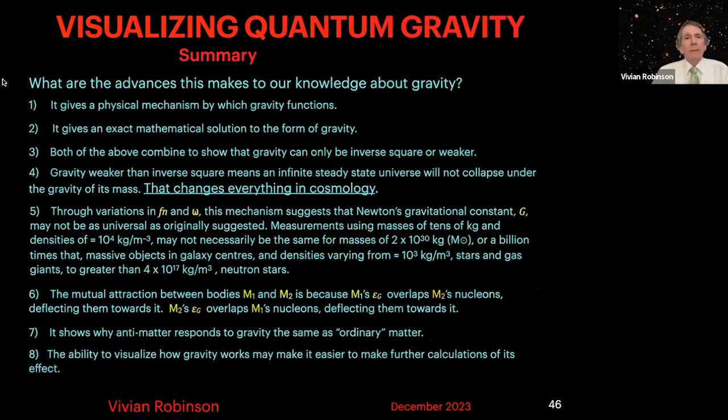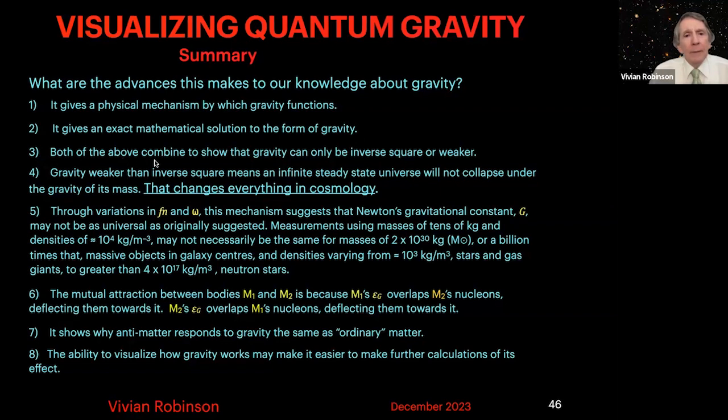So, what are the advances this makes to our knowledge of gravity? Well, firstly, it gives a physical mechanism by which gravity functions. Then it gives an exact mathematical solution to the form of gravity.